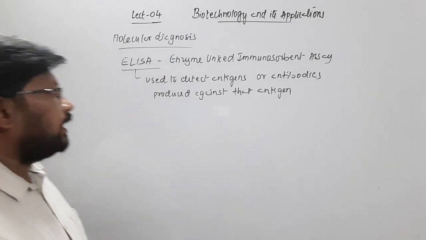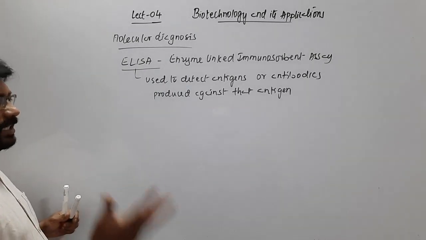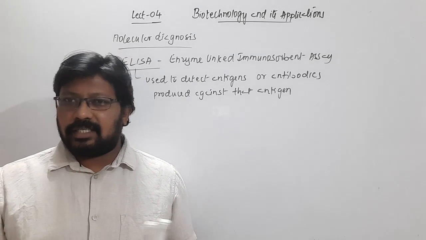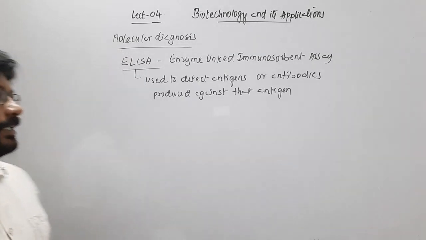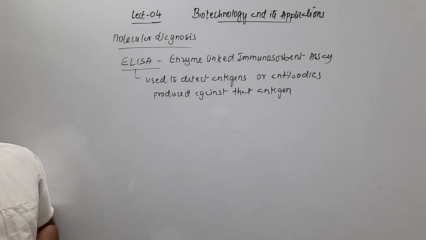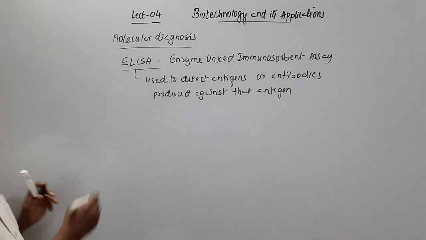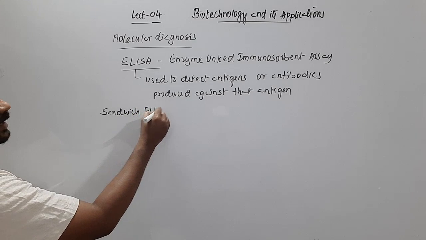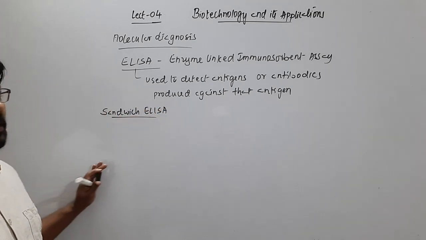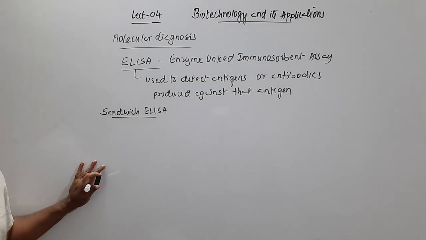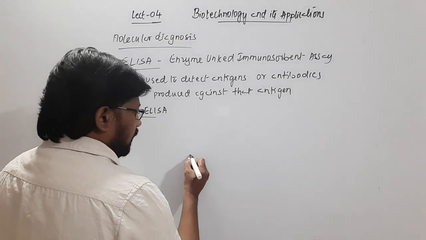So in both ways you can find out what kind of disease a person is having in its early stages, right? So there are different types of ELISAs, which I'm not going to discuss: direct ELISA, indirect ELISA. Here I'll just discuss one sample, the sandwich ELISA. I'm discussing this only for the purpose of understanding what actually ELISA is and how they are going to perform it, right?